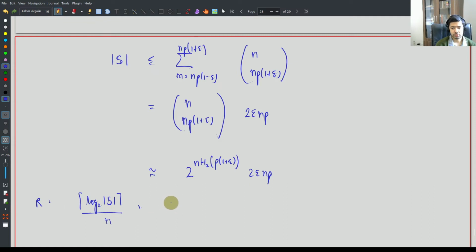So this is just 1 over n into n times h2 of p into 1 plus epsilon, plus log of 2 epsilon times np.